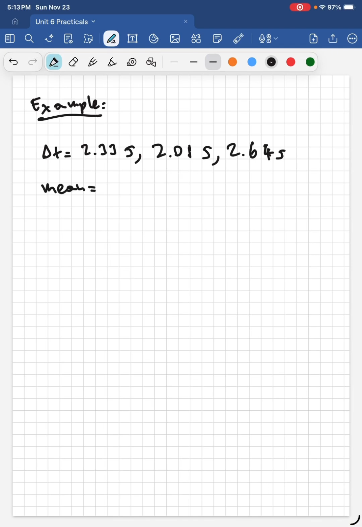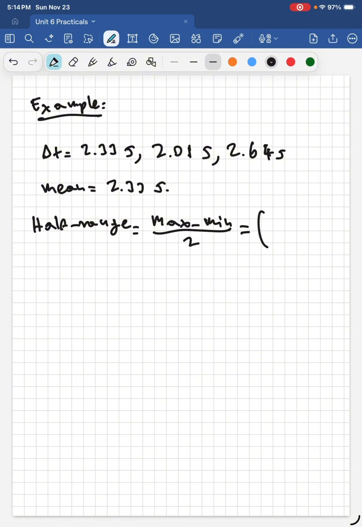The mean will be 2.33 seconds, and the half range will be equal to the maximum value minus the minimum value over 2. The maximum is 2.64, the minimum is 2.01, over 2 gives us 0.32 seconds.